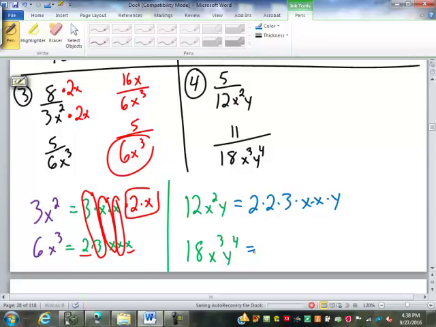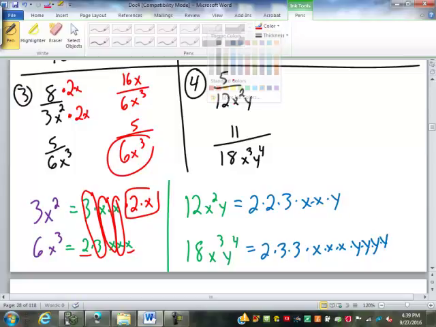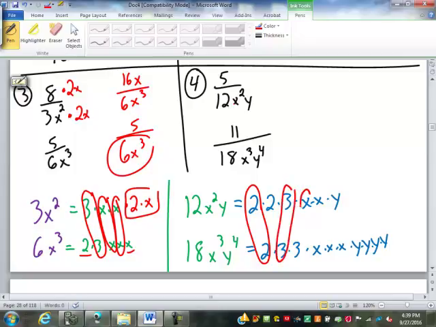For 18, I get 2 times 3 times 3. X to the third is 3 x's, and y to the fourth is 4 y's. In common, they have a 2 and a 3, and 2 x's and a y.